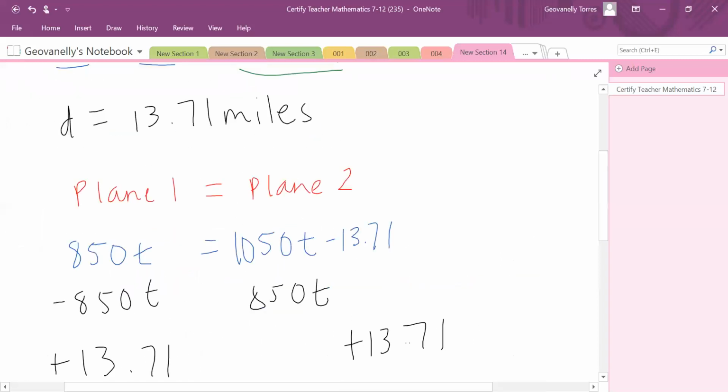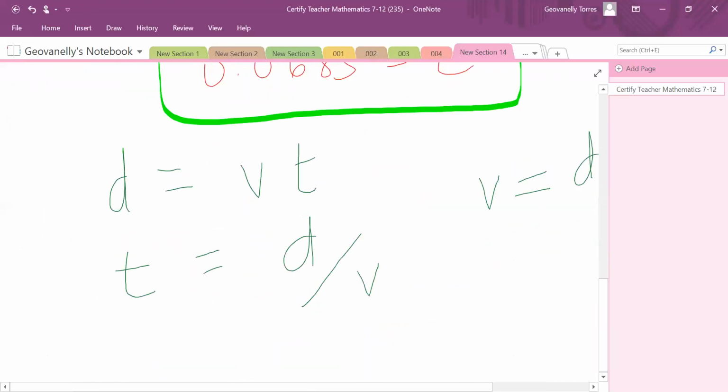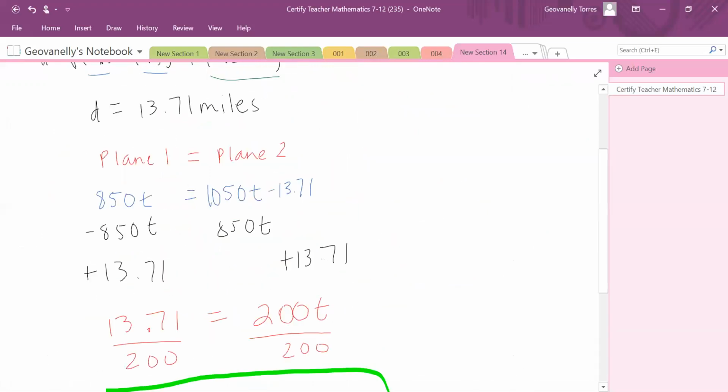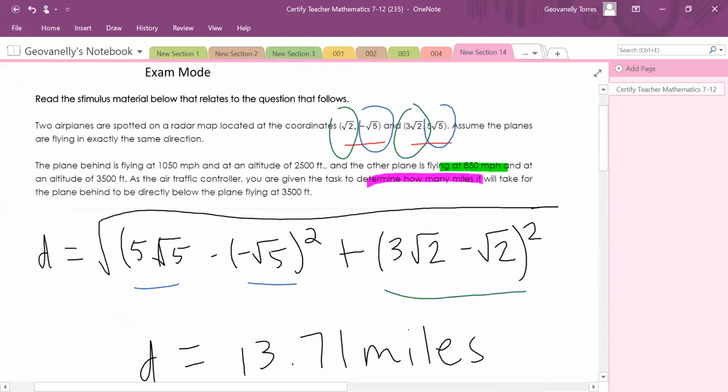So we know that we must use the formula of distance. In this case, we will use the velocity of 1,050 miles per hour. So those are the values we will use.